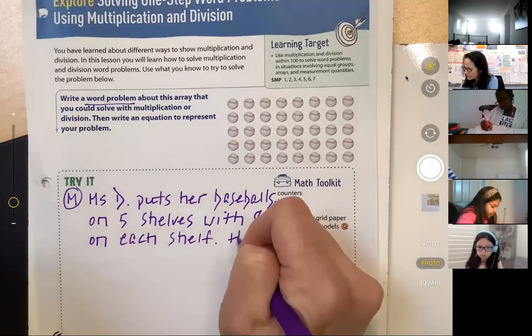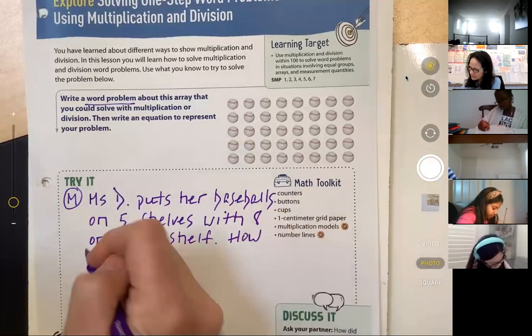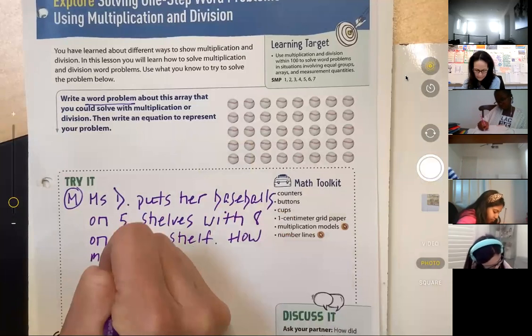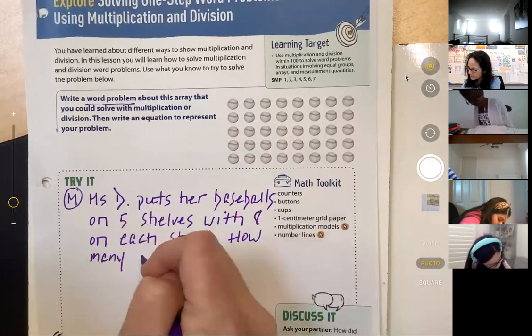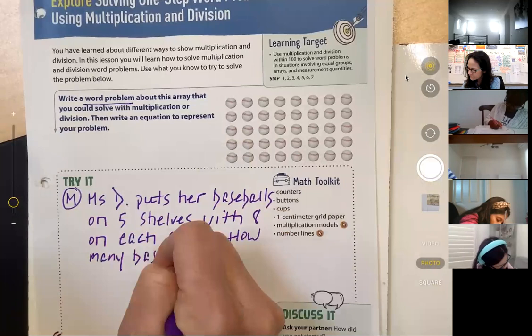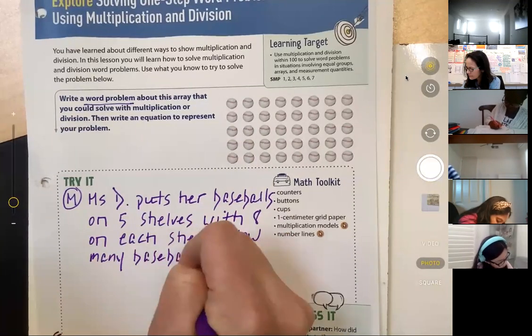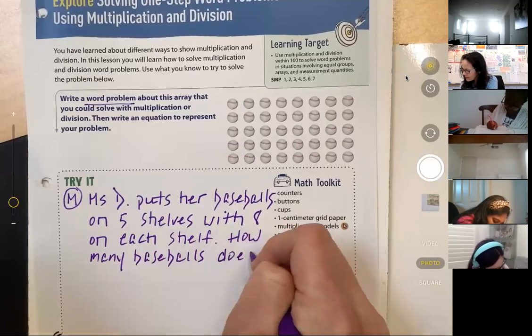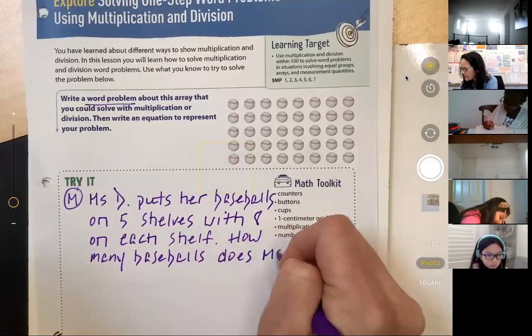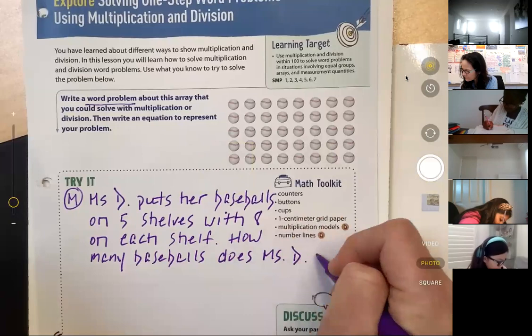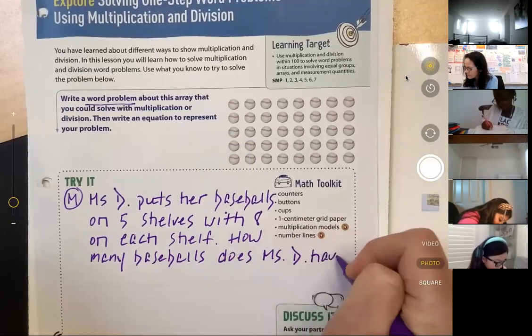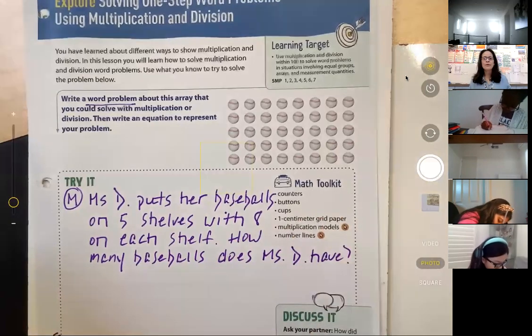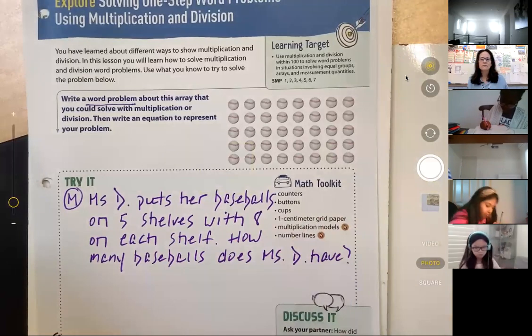How many baseballs does Miss D have? Miss D puts her baseballs on 5 shelves with 8 on each shelf.